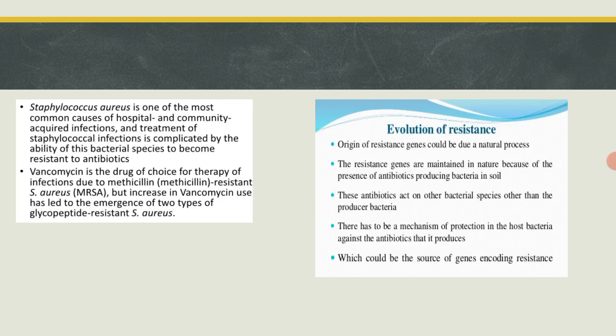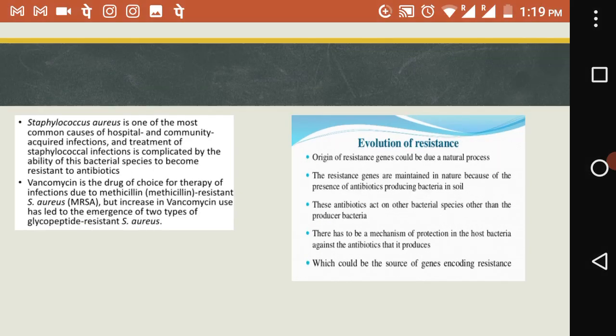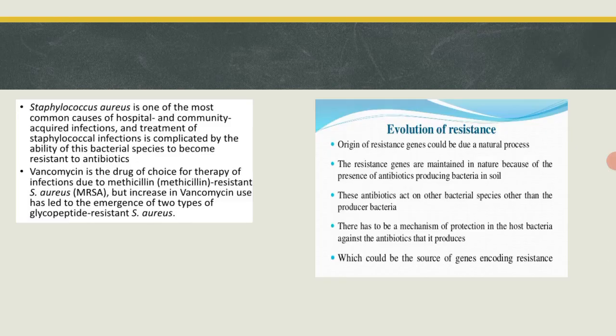Now, we may get the question of why resistance genes are present or where they come from. The resistance genes are maintained in nature because of the presence of antibiotic-producing bacteria. We know that we can produce antibiotics from bacterial strains.